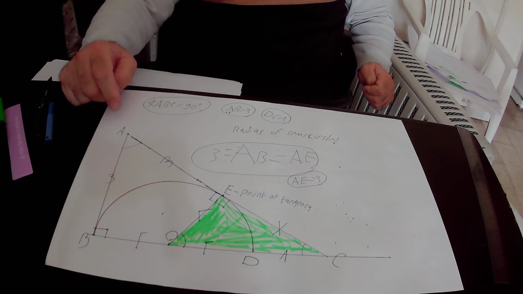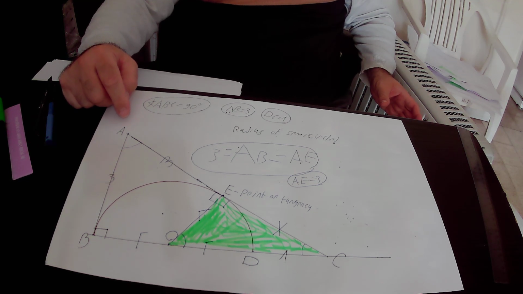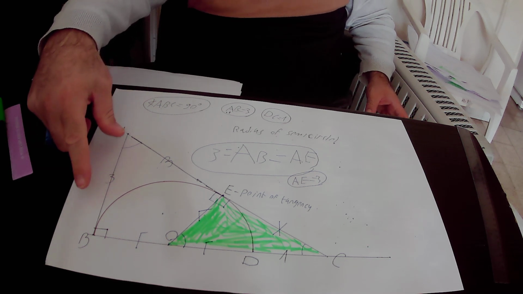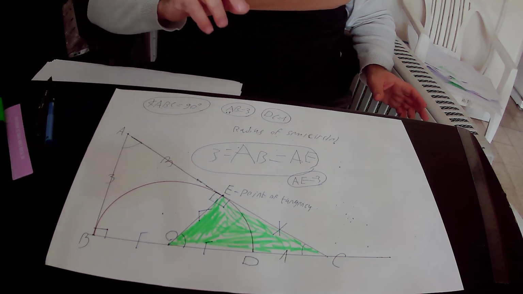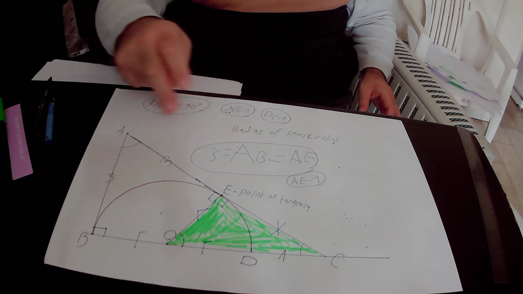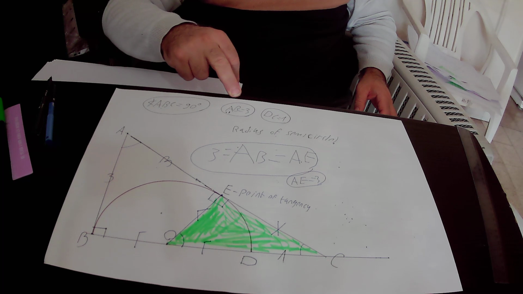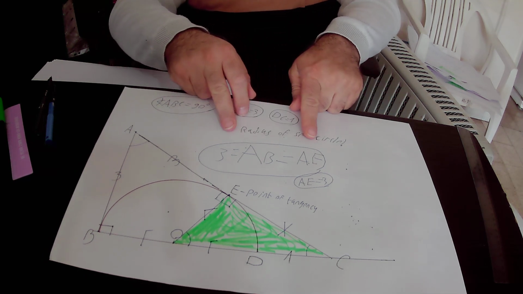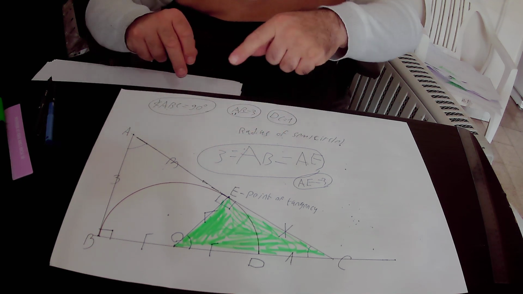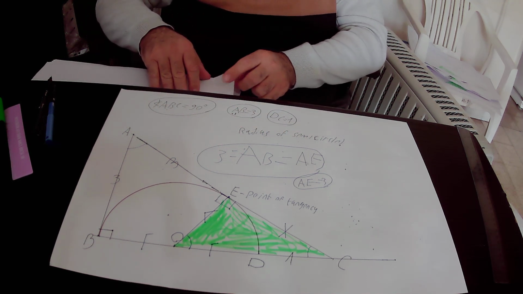According to rule number 1, the lengths of these two tangents are equal, that is, AB equals AE. But the question gives us that AB equals 3 units, so we derive that AE also equals 3 units.